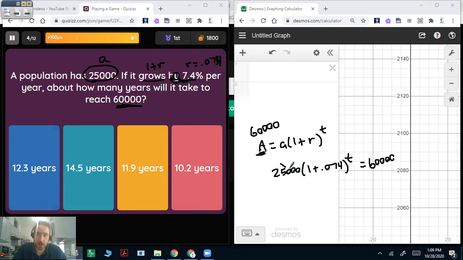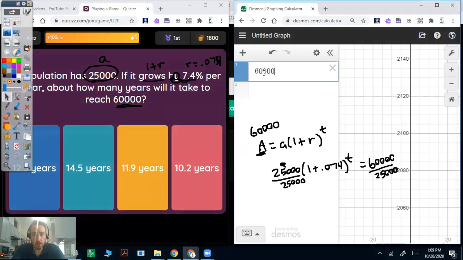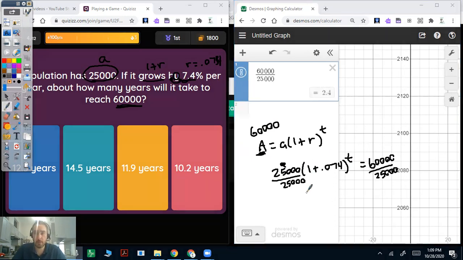We want to first divide by this 25,000 to reduce this a little bit. So 60,000 divided by 25,000, that's going to be 2.4. So the base is going to become 1.074.